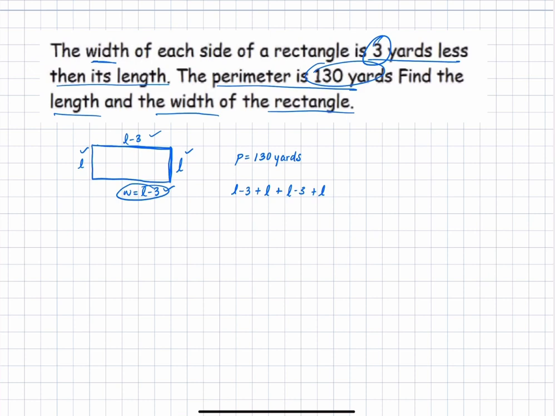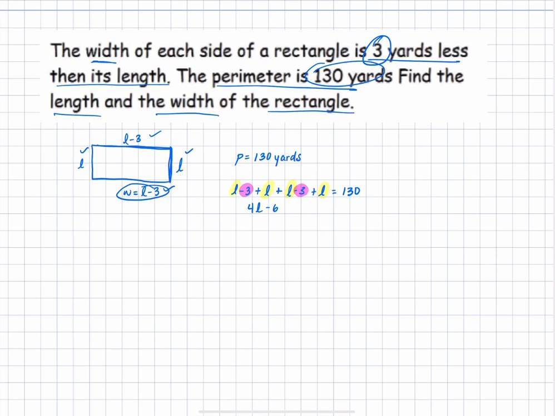So this whole equation equals 130 yards. So group all the like terms: 1 here, 2, 3, 4. So this would be 4L. And then minus 3 minus 3 is minus 6.